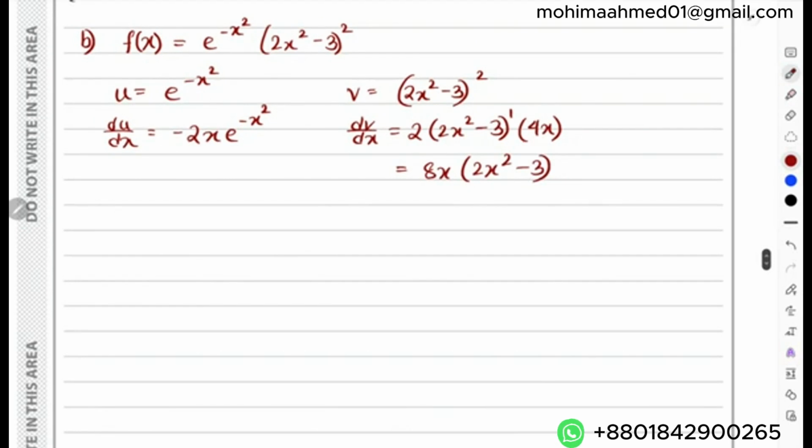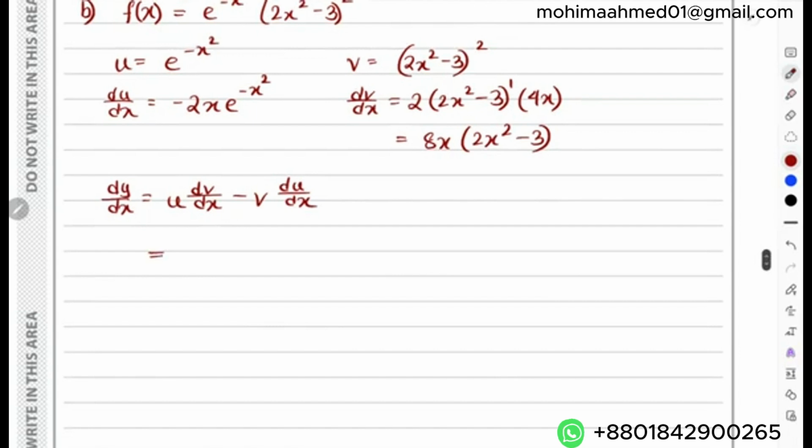So we'll just continue with dy by dx. That's going to be the product rule, so u dv by dx minus v du by dx. Eventually, for u, you get e power minus x square.